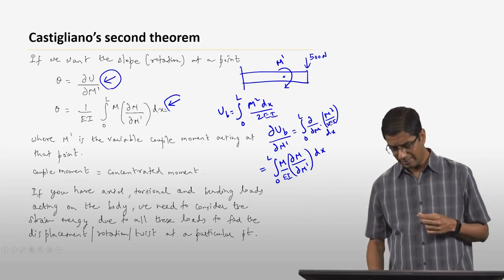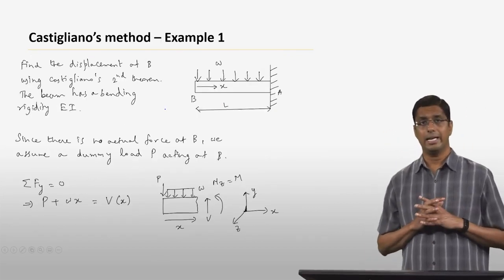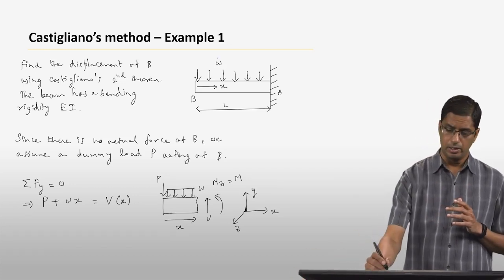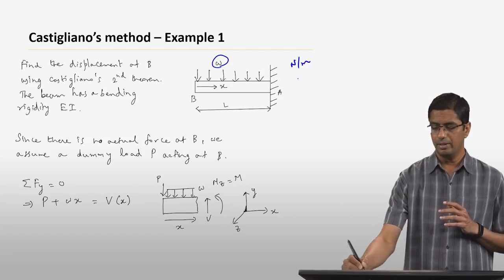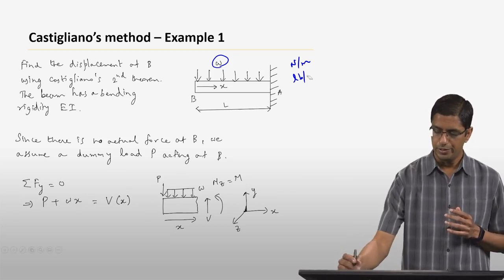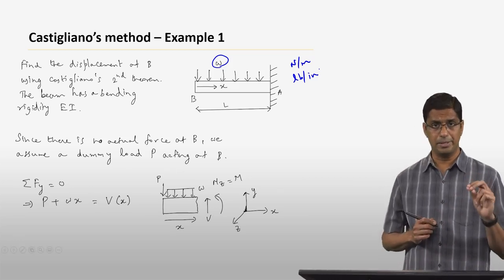Okay, so now we'll start with something that is actually very, very simple. Okay, so this is a cantilever beam that is subjected to a uniform load of intensity W. Okay, W is typically in newtons per meter or pounds per meter, okay, or pounds per inch, depending on which units you are in. Okay, so it is not a force; it's a force per unit length.